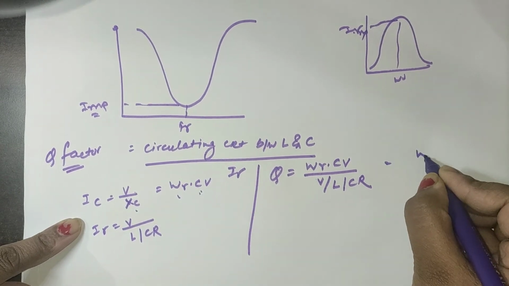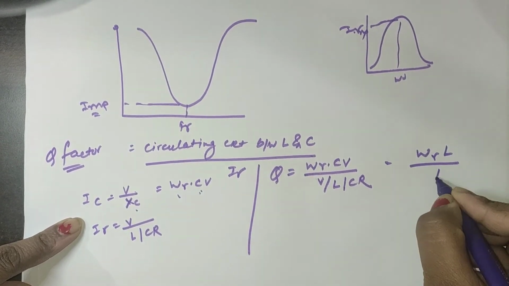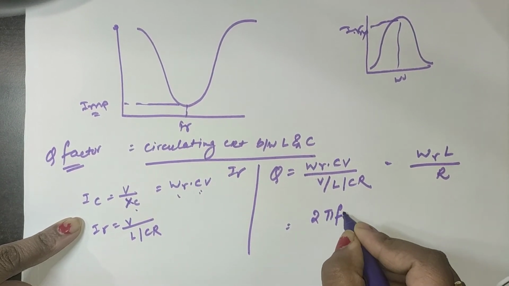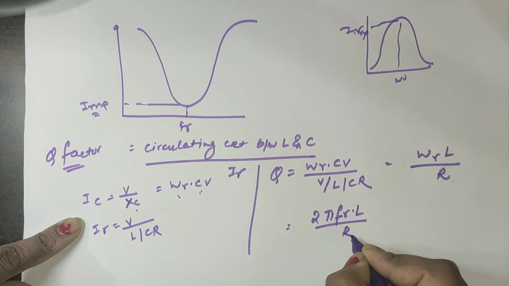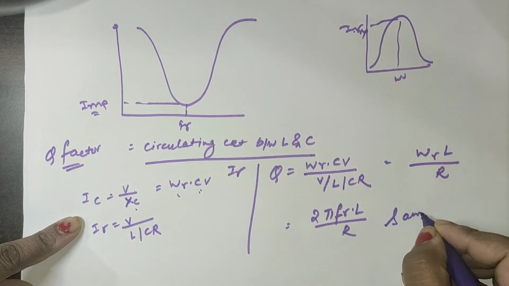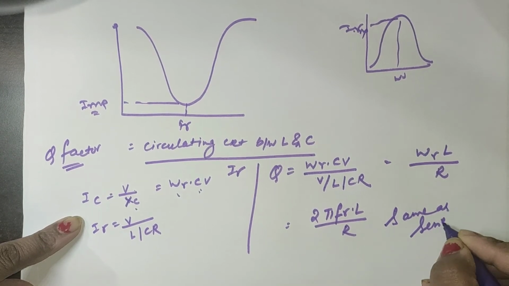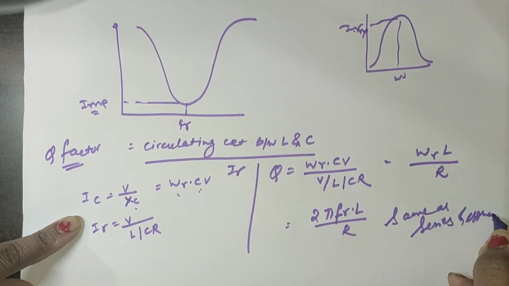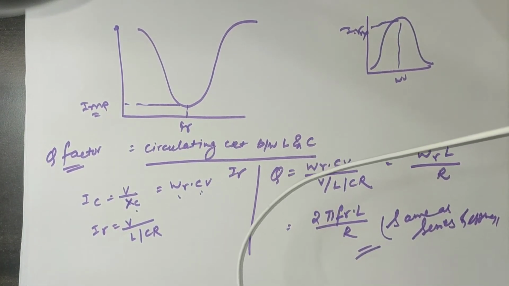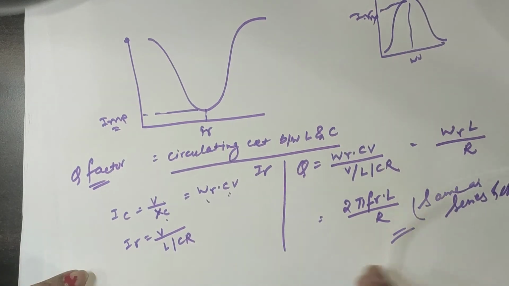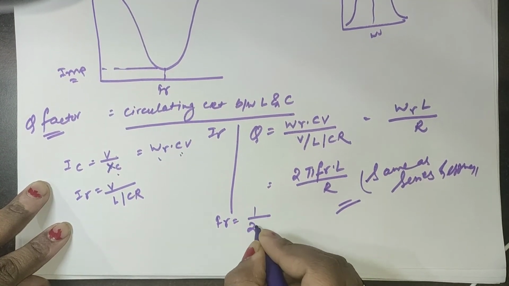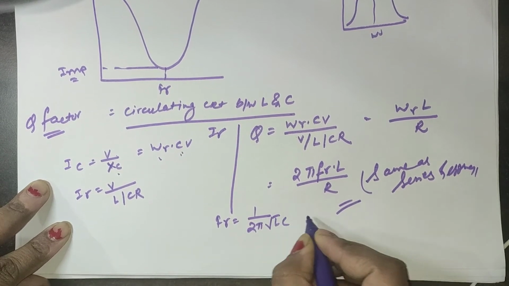Okay, so you can solve this: omega R, that is 2 pi f R, into L upon R. It is same as series resonance. आपका quality factor will be same as series resonance. Now from here FR will be 1 upon 2 pi under root LC.